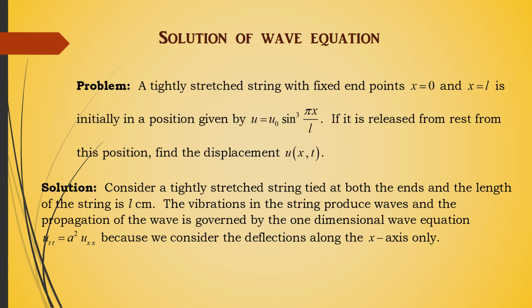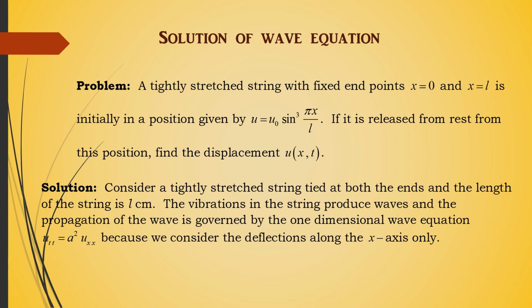Suppose we have a musical instrument like a guitar. In a guitar, the strings are tightly tied at both the ends. If we pluck one of the strings, a musical note or a musical sound wave is produced. The one-dimensional wave equation mathematically models the propagation of the wave.